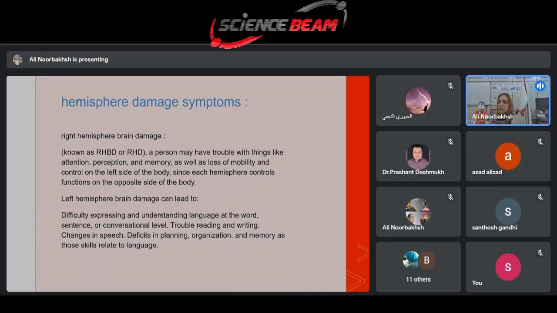And with right hemisphere brain damage, a person may have trouble with things like attention, perception, and memory, as well as loss of mobility and control on the left side of the body, since each hemisphere controls function on the opposite side of the body. And left hemisphere brain damage can lead to difficulty expressing and understanding language, the word, sentences, or conversational level.